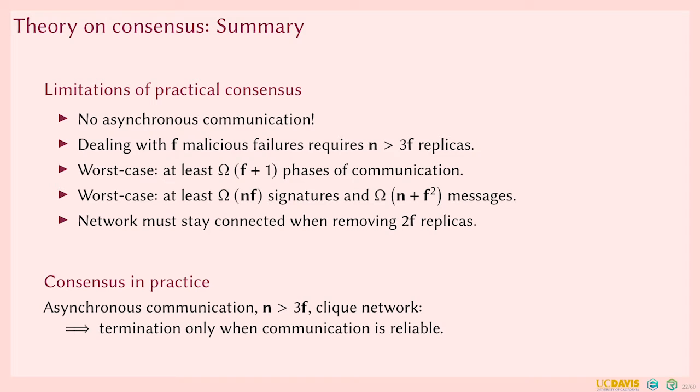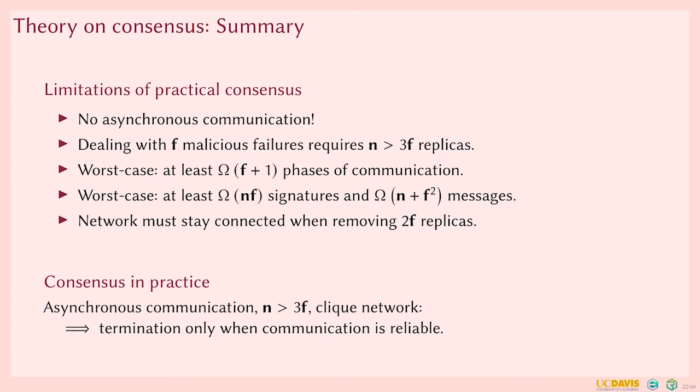And it even has an impact on the type of networks we can operate in. And this in the sense that the network must be really, really connected. So in many practical systems we see that replicas communicate pairwise, but this is not required. But as soon as we remove a lot of replicas, the network must still have connections between all remaining replicas.